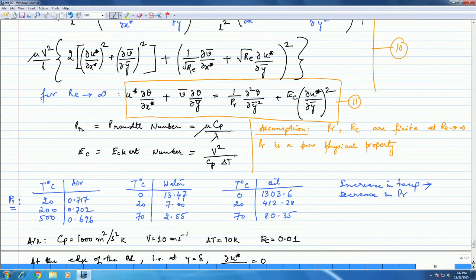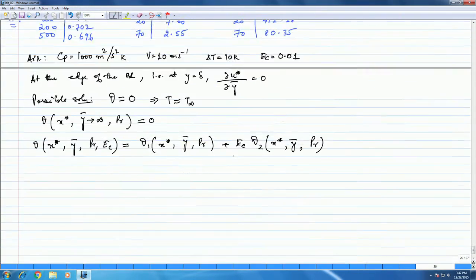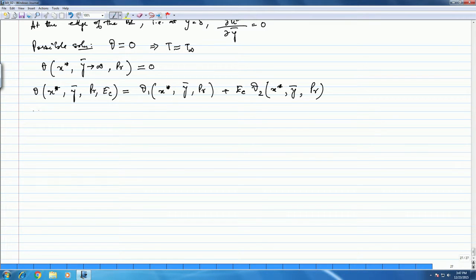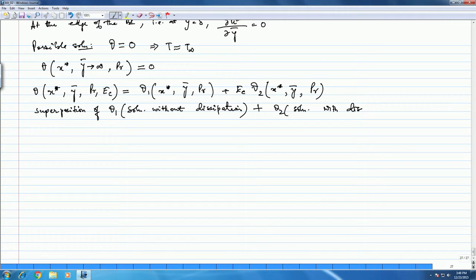So, equation 11. Let me clarify here that this is a superposition of theta 1, which is the solution without the dissipation, plus theta 2, which is the solution with dissipation.